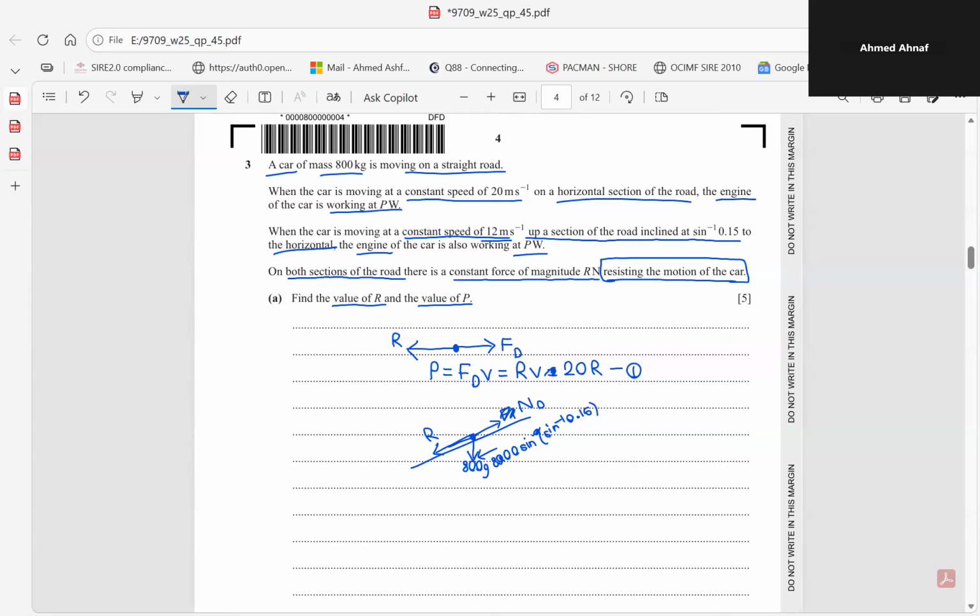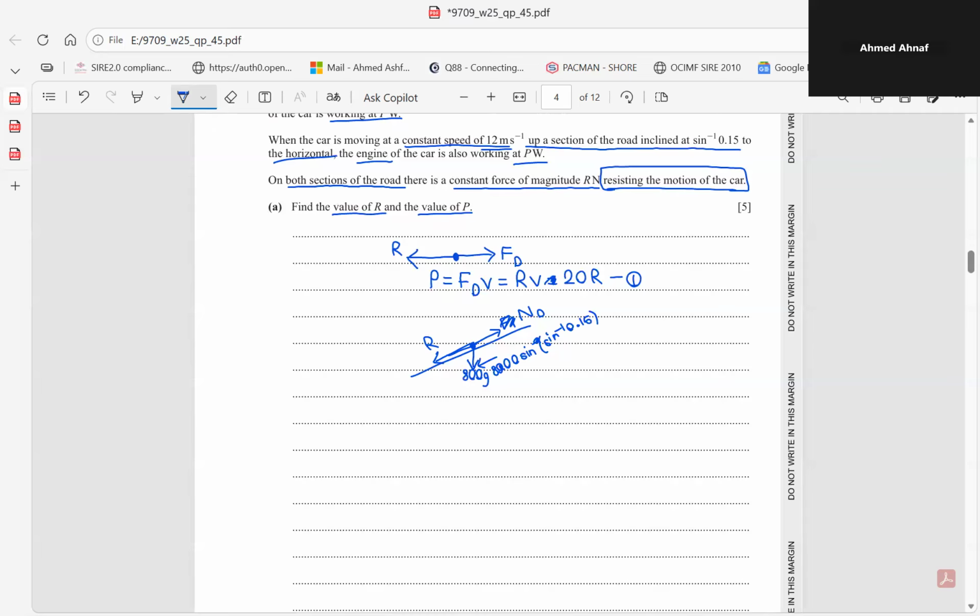So for this, P is going to be NdV, and Nd is just equal to R plus 8,000 times 0.15. So just 8,000 times 0.15, and then V is 12.